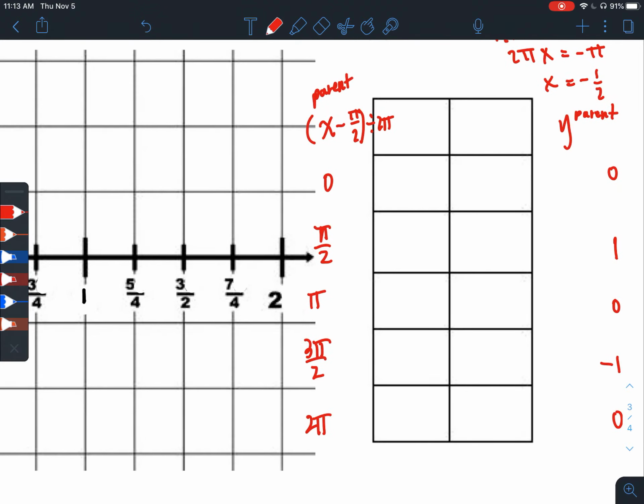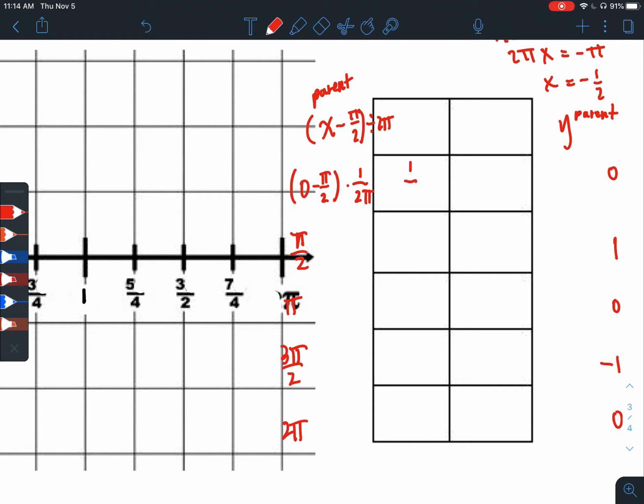So let me move this over so we have a little bit of room. I think the best way of going about this is just doing it in a calculator. So 0 minus pi over 2 is negative pi over 2, and we get 1/4 for our new x value.